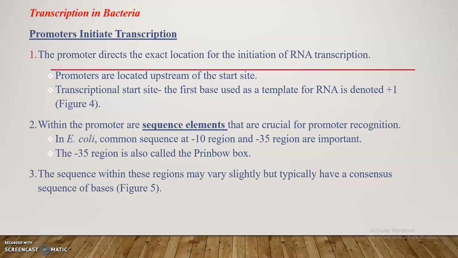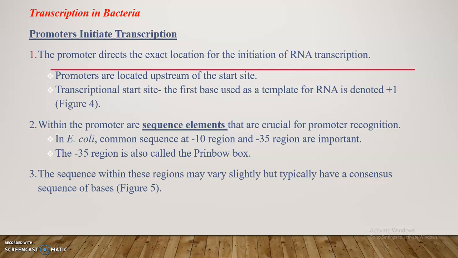The subtopic is promoters initiate transcription. What is a promoter? Promoters are a sequence of DNA to which proteins bind and initiate transcription of a single RNA from DNA. These promoters are located near the transcription sites of genes.